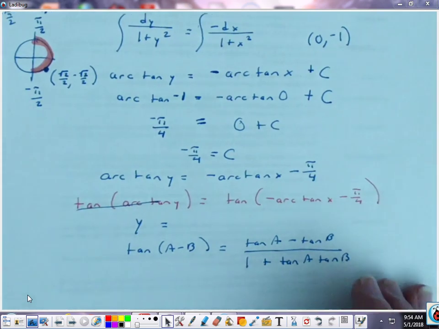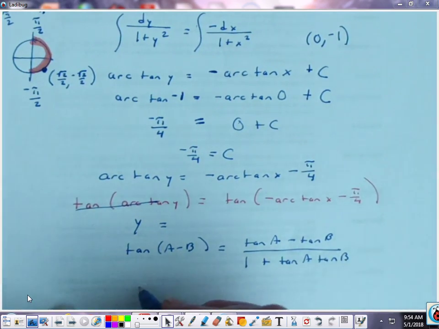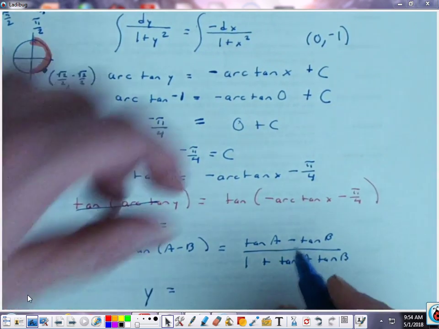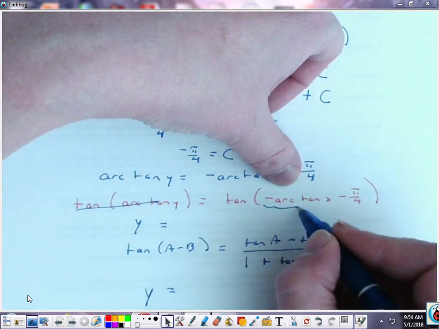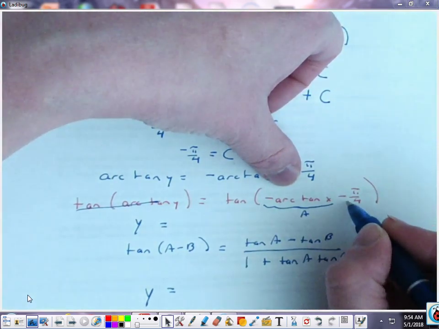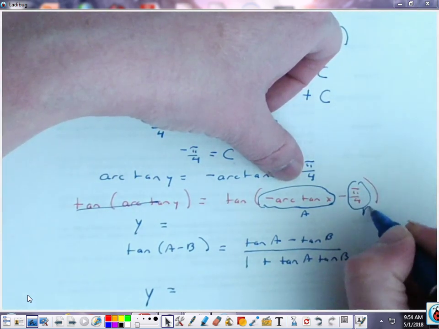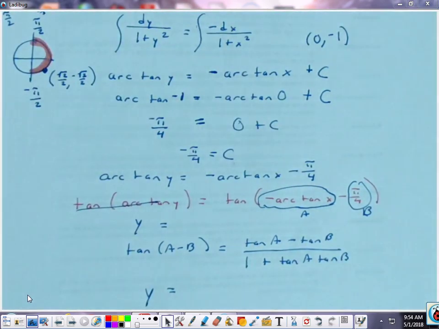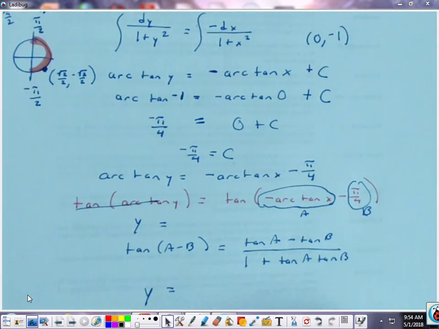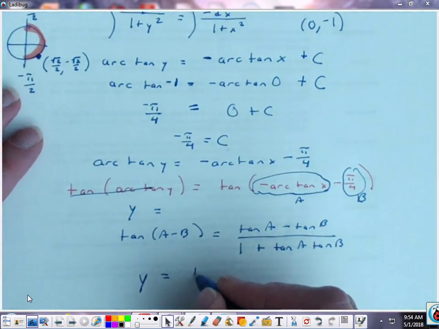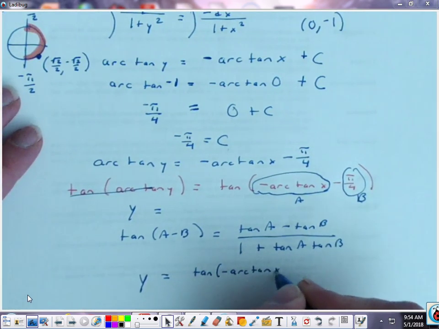Okay, so let's see if we can substitute into all that stuff. So we have y equals, on this side now I'm treating this as my A. It has the negative in it. This is my B. It does not have the negative in it because we chose the rule for A minus B. So I'm going to have the tangent of A, which would be the tangent of negative arctan x.